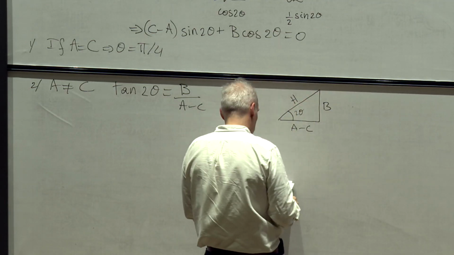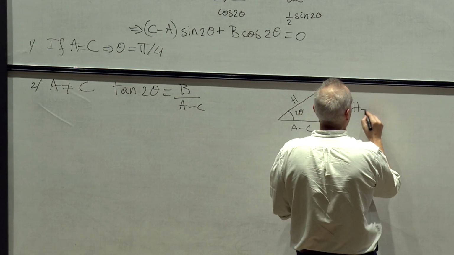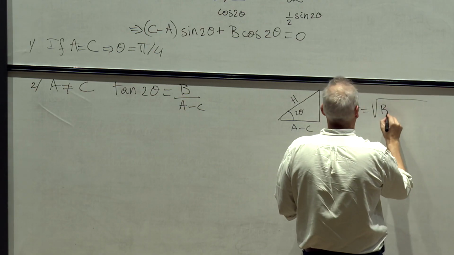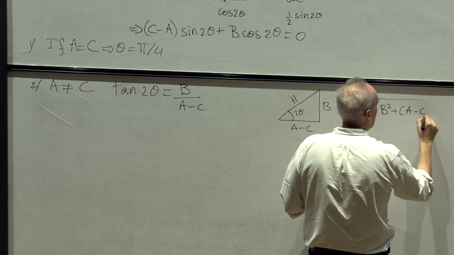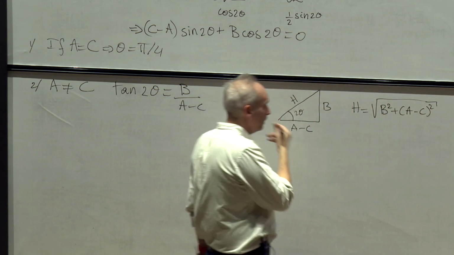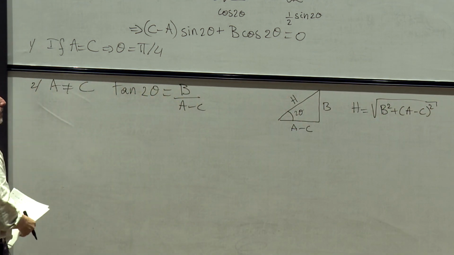This is the hypotenuse h, and h is the square root of b squared plus (a minus c) squared, Pythagoras. Okay, so I'm going to need all that.